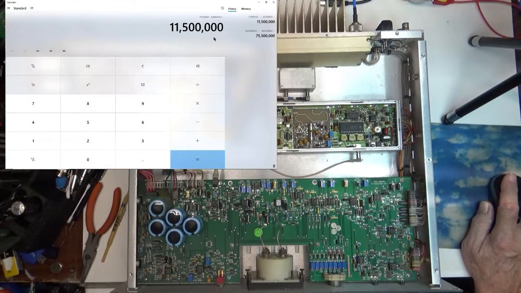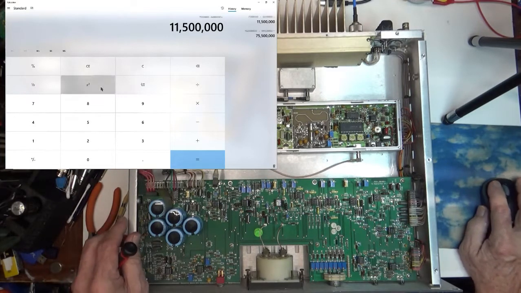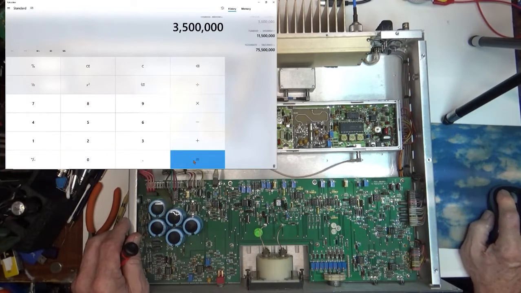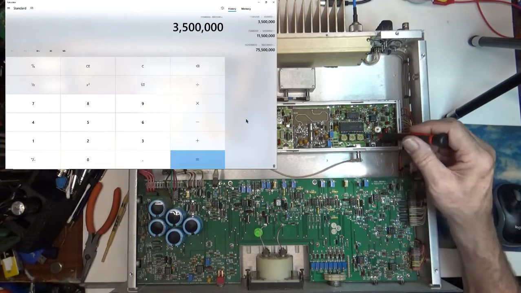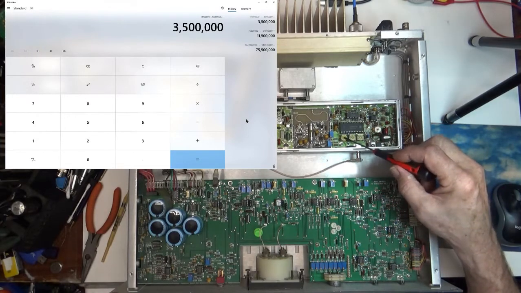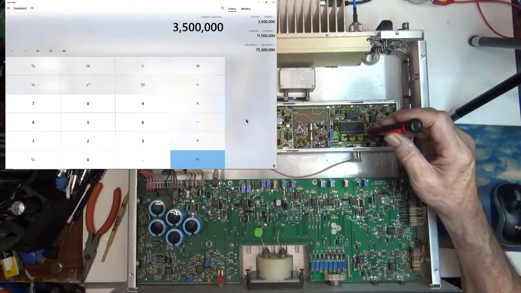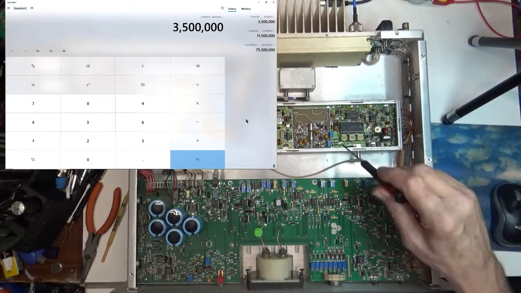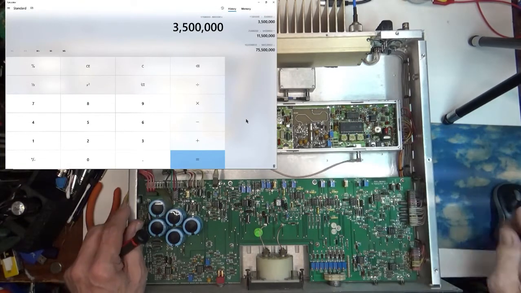Well, 2. So 2 times 4 is 8. We'll subtract 8 million from that, and this first switch would go on 2. We got that one set on 2, which it is.